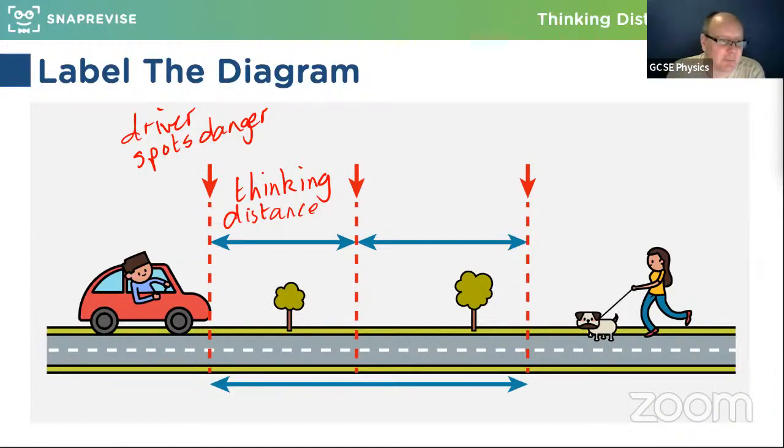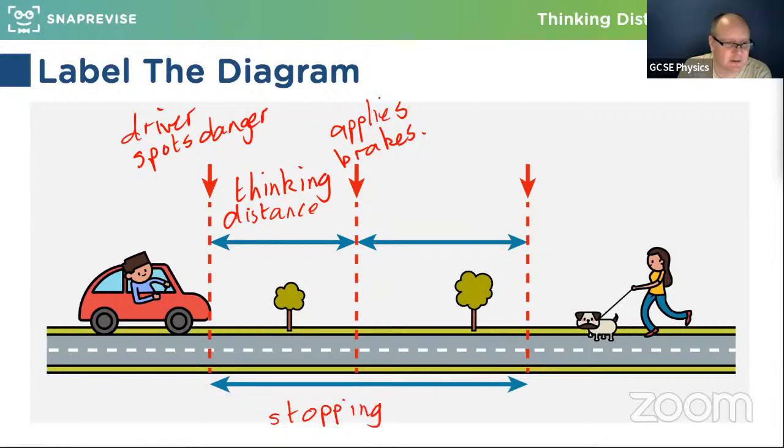And then after the processing time of the driver, after their reaction time, they then apply the brakes. So the brakes are applied here at the second arrow. And then the second portion of the stopping distance, which is the overall distance the car takes to come to a stop, I'll label that here. The second portion of that is the braking distance.